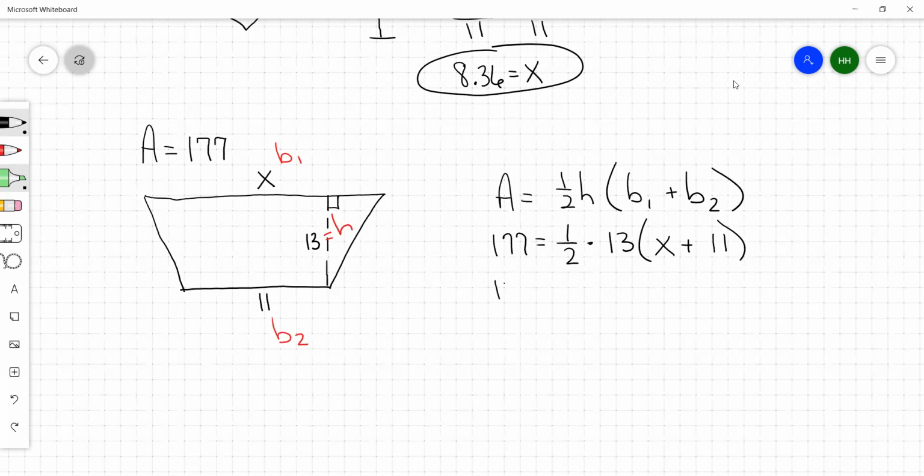So 177 equals, what's half times 13? 6.5 times X plus 11. Now this is multiplication. It's 6.5 times X plus 11. So you can divide both sides by 6.5.